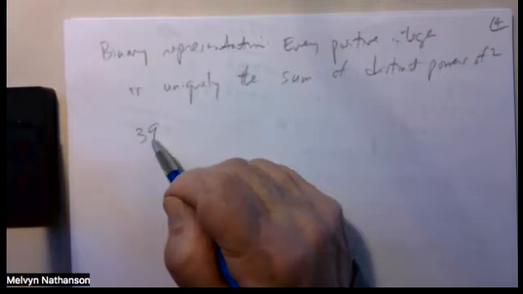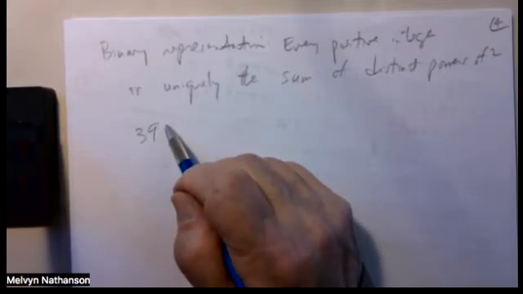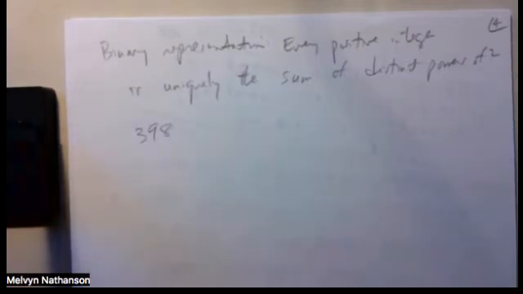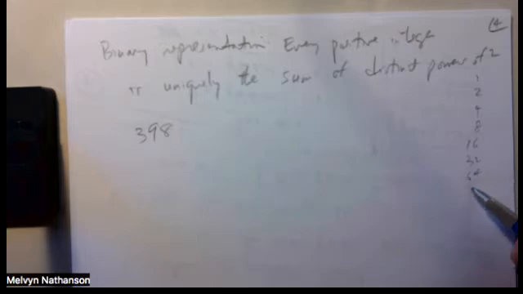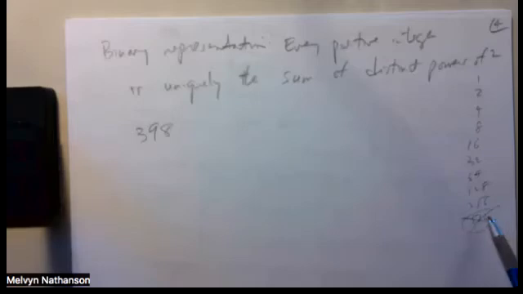So you take a number, I don't know, 398, and I want to write this as the sum of distinct powers of 2. Let's see, what are the powers of 2? 1, 2, 4, 8, 16, 32, 64, 128, 256, 512. Well, 512 is too big.